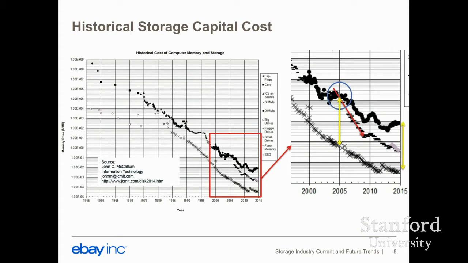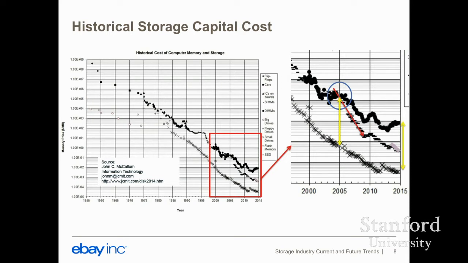So looking at some of the historical trends can shed some insight on what kind of things really change the market and might open the door for new memory technologies. This is some data that's tracked on capital costs by John McCallum, and he goes back all the way to the 50s, but to focus on the last 20 years, there's a bunch of bumps here.